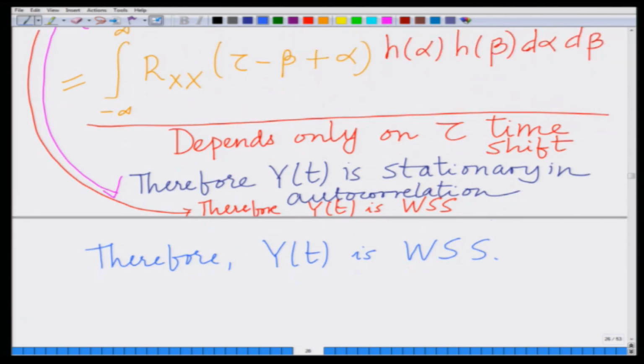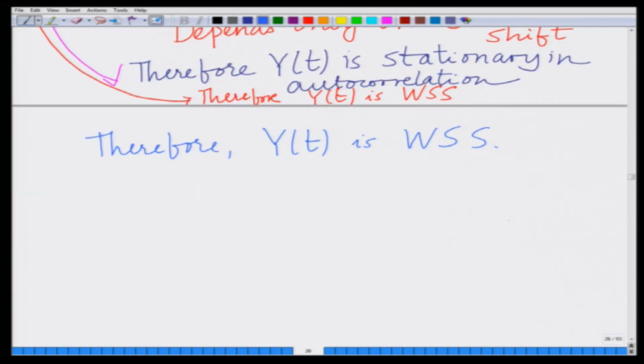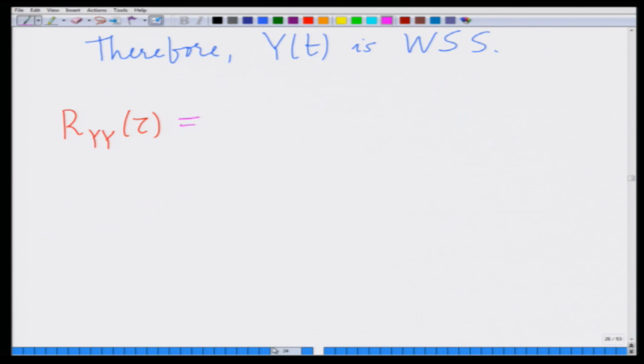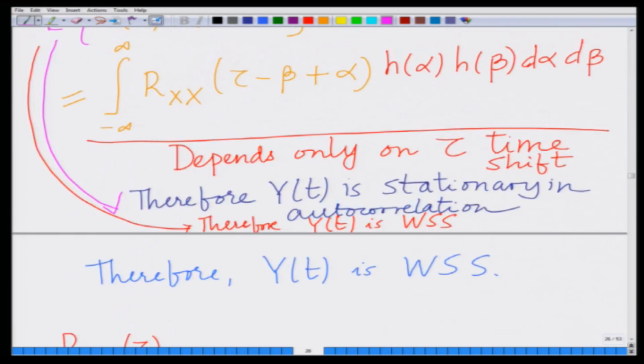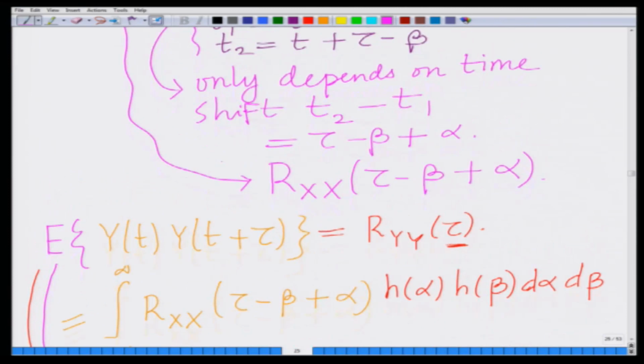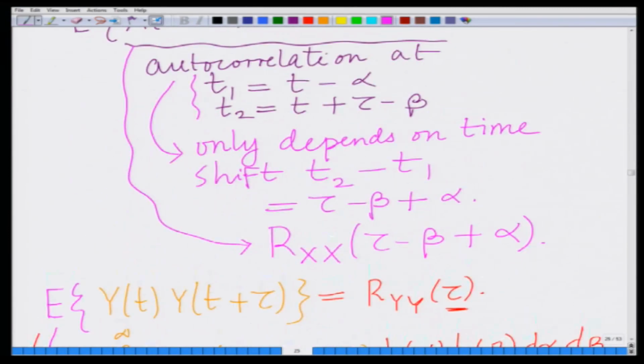Now, further look at this, let me rewrite this again. I have the autocorrelation r_yy of tau, which is equal to the integral from minus infinity to infinity. I am sorry, I am missing another integral over here.